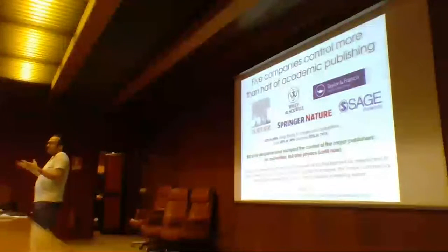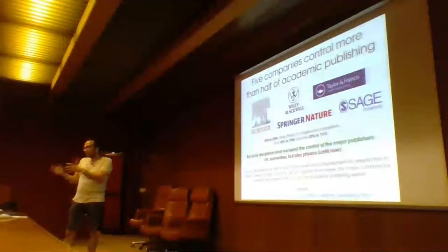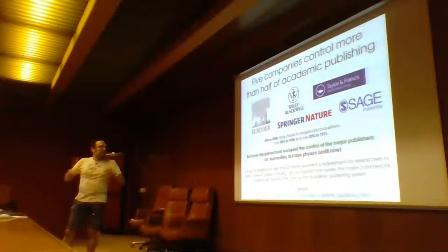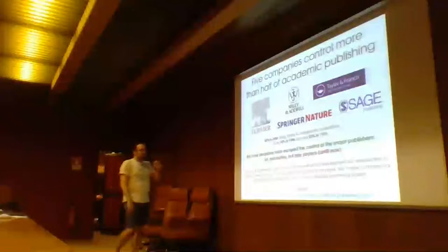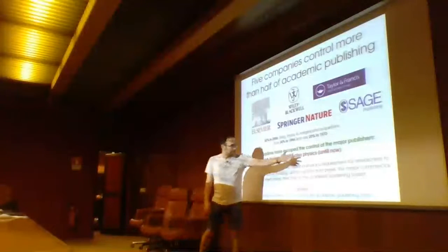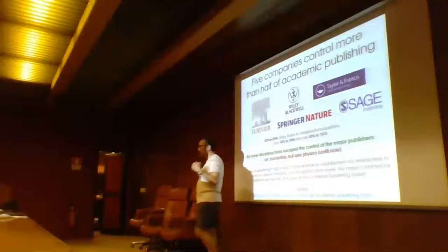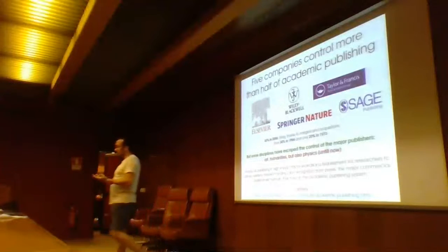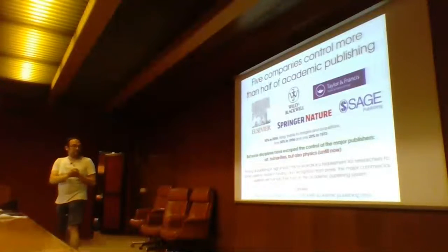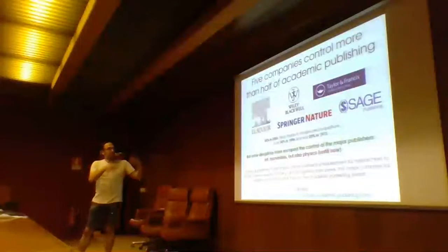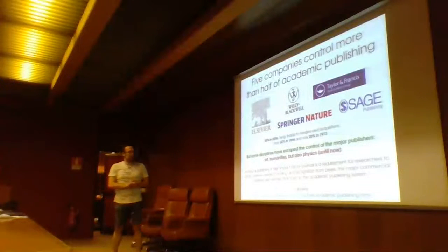People that work in humanities usually publish in their own native language, Italian, Spanish, French, so it's more difficult for a big company to enter. And physics, also biomedical research, but I'm taking the example of physics until now, because scientific societies, maybe IOP or others, were well organized to be a competitor to these commercial companies.